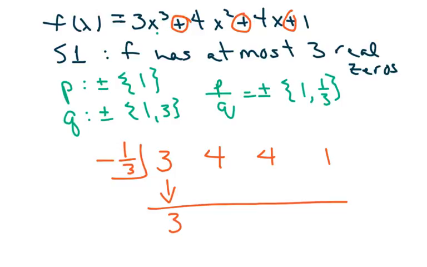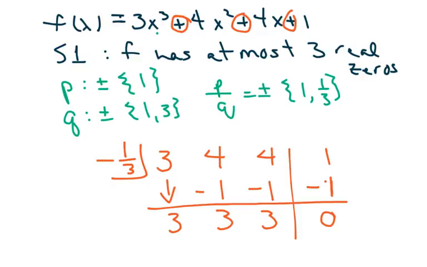In this case, since it's negative and a positive, that's going to be a negative 1. You add, negative 1/3 of 3 is negative 1 again, and we get the same thing over and over, negative 1, and then you have 0 here. That means it is a solution, or a real 0.